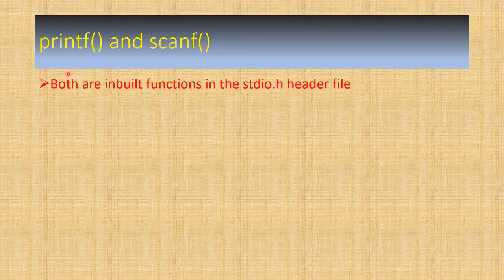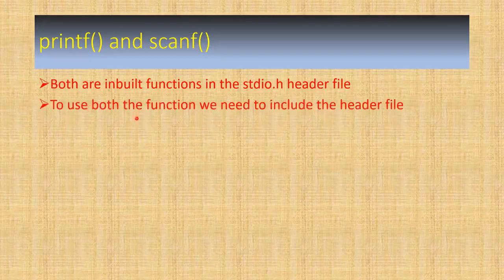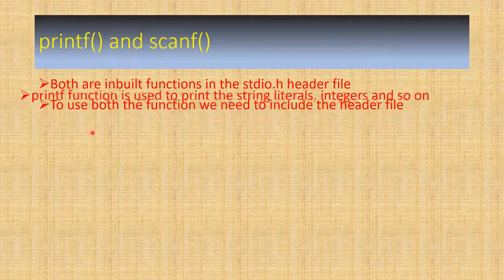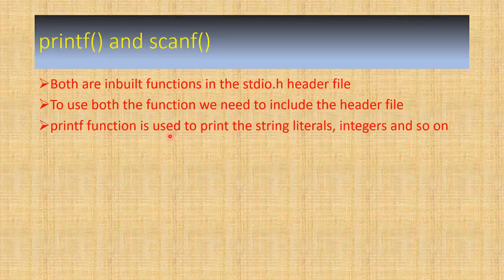As we have discussed in the previous tutorial, which is tutorial number 2, both are inbuilt functions in the stdio.h header file, and we have to include this stdio.h header file in the C code. Then we will be able to use the printf and scanf functions. The printf function, as you know, is used to print string literals, integers and so on.